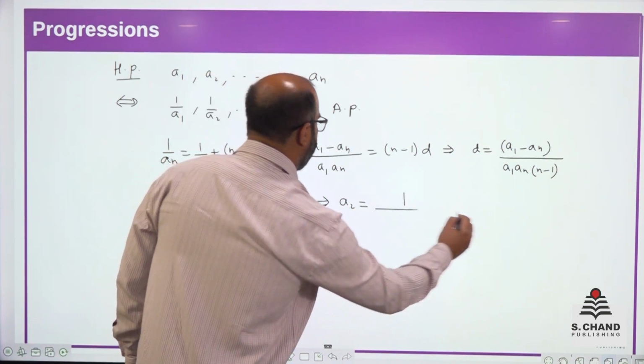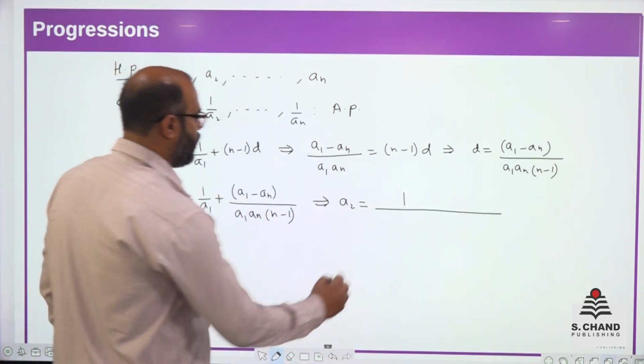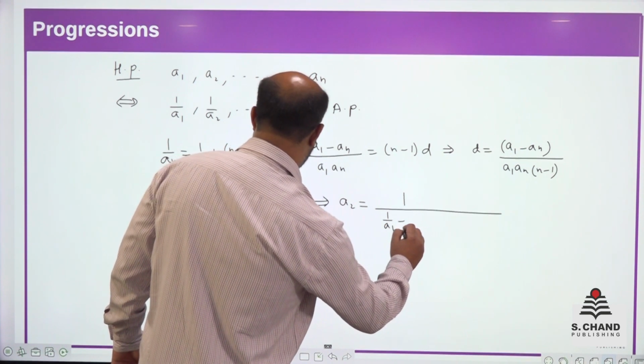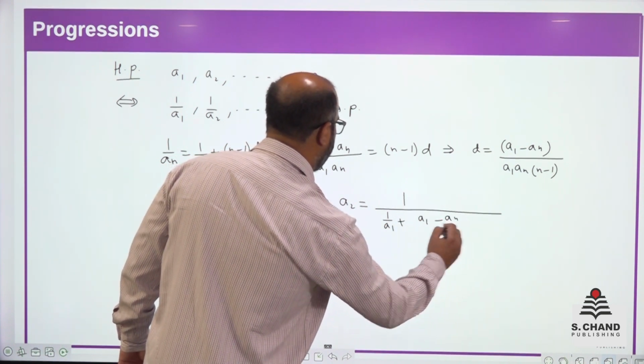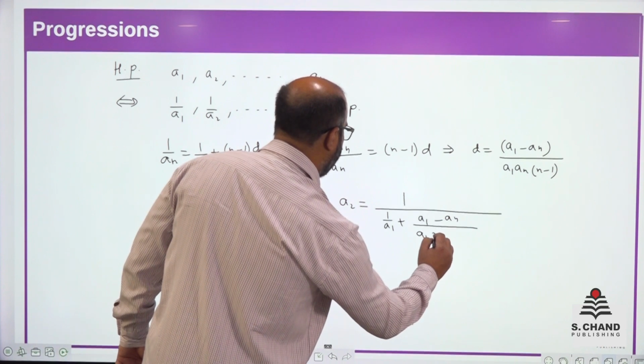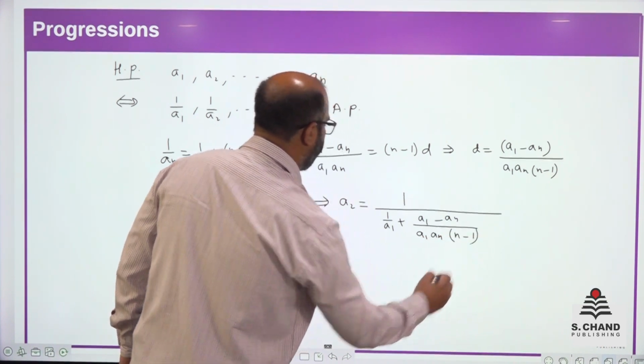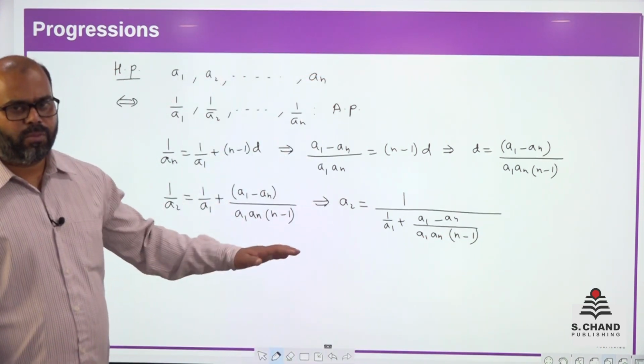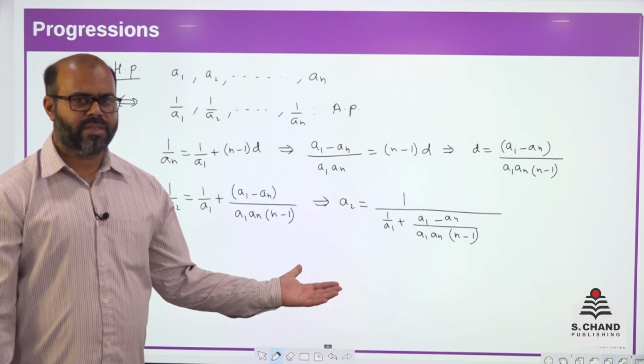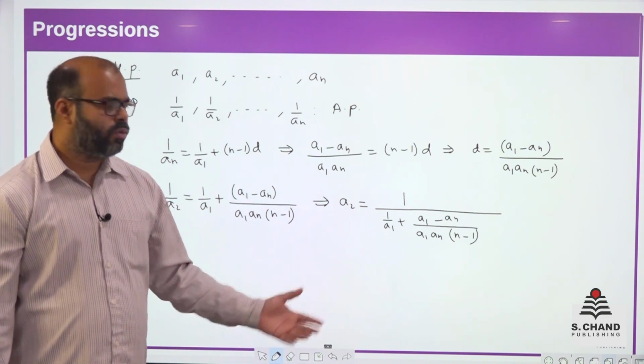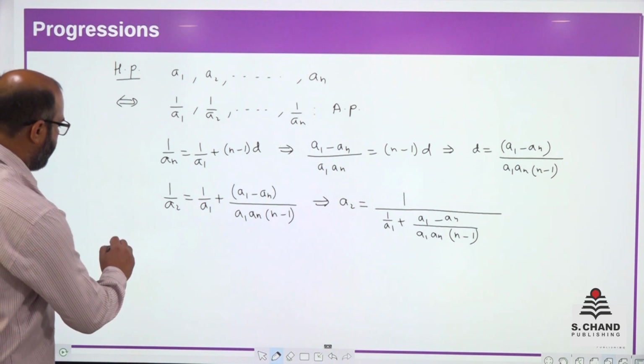a2 is 1 by reciprocal of this, that is 1 by a1 plus (a1 minus an) upon a1 n into (n minus 1). We generally don't remember the formula when it is needed in the question. As we will see in questions also, we will find it out. Harmonic mean.